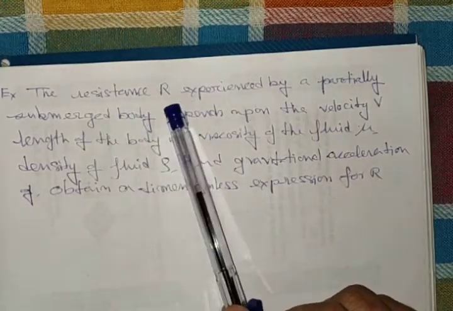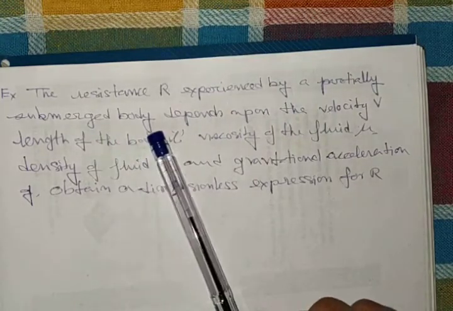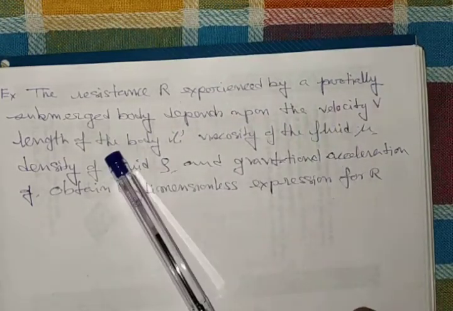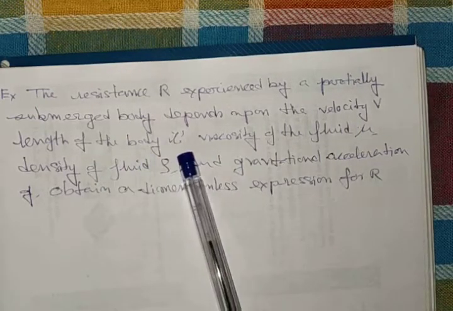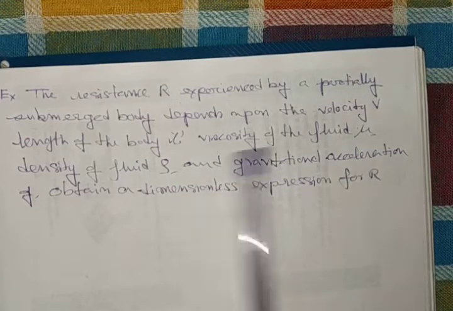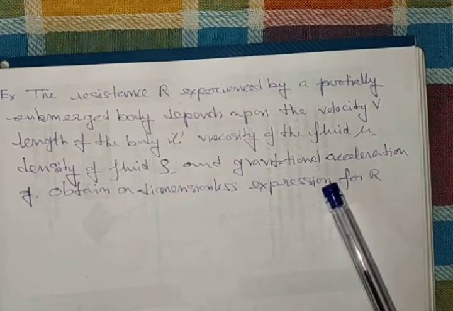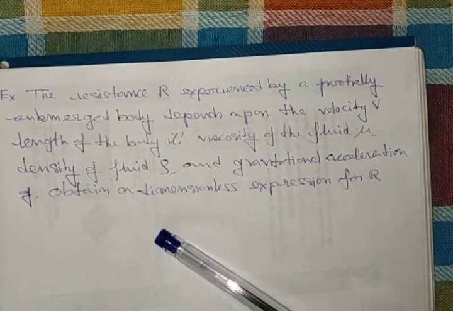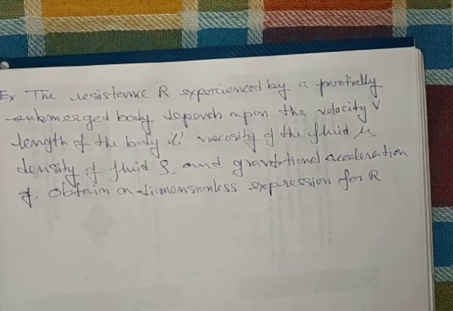The resistance R experienced by a partially submerged body depends upon the velocity V, length of the body l, viscosity of the fluid, that is dynamic viscosity mu, density of the fluid rho, and gravitational acceleration g. Obtain a dimensionless expression for R. So this is the problem.